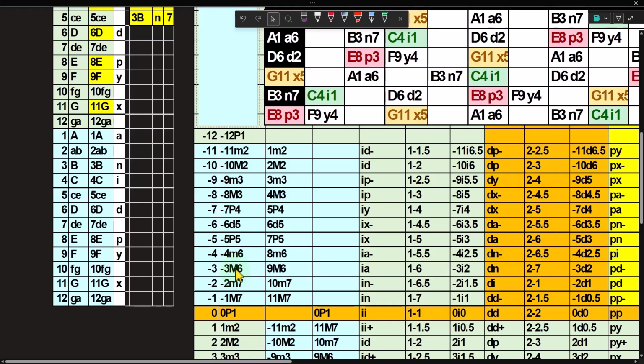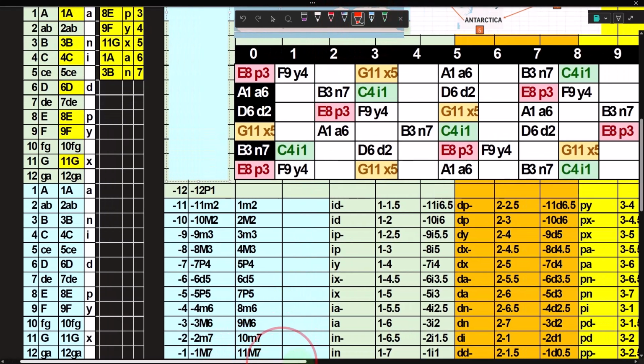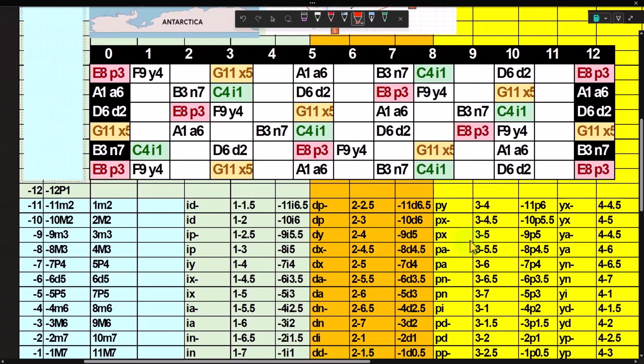So what do I recommend doing? I would say then you want to add a negative notes. So it'd be a -12 perfect first. So in other words, let's just keep on working from here.